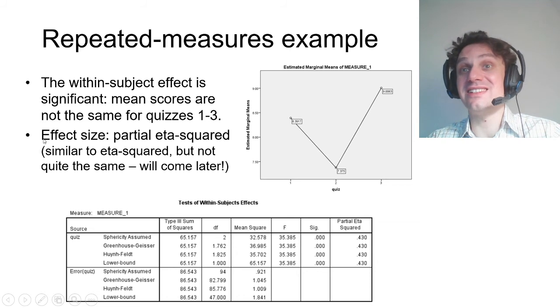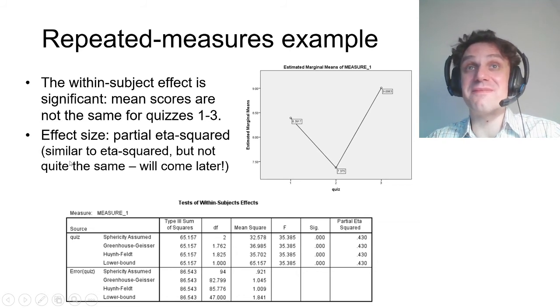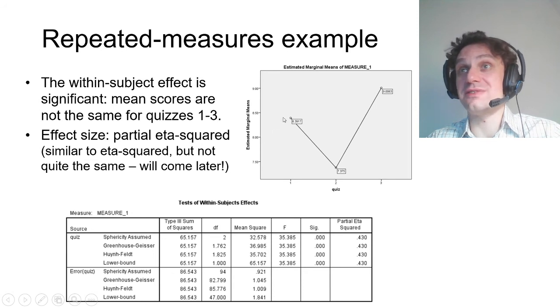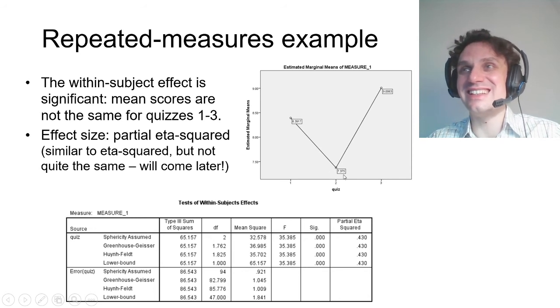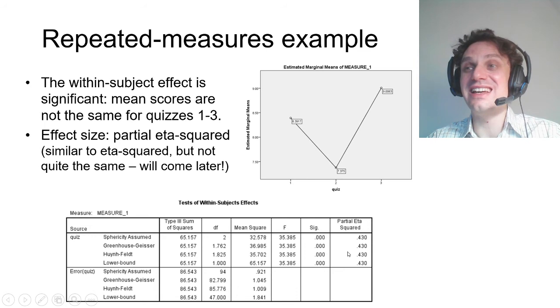And as a result, I get pretty much the same findings. I have a plot of means, which I can use to find out that on the 3rd quiz the students were more successful than on the 1st and on the 2nd. And I see that these differences are strongly statistically significant, and SPSS also provides a measure of effect size, which is called partial eta squared.